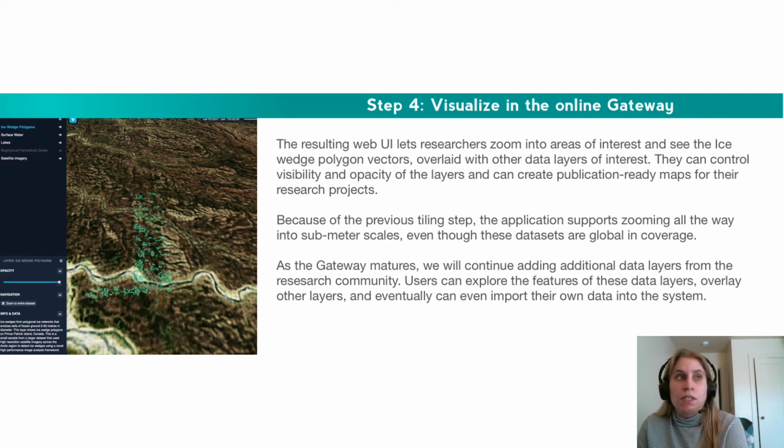Because of the previous tiling step that I just talked about, the application will support zooming all the way into sub-meter scales, even though these data sets are global in coverage. So as the gateway matures, we will continue adding additional data layers from the research community. Users can explore the features of these data layers, overlay them, and eventually can import their own data into the system.